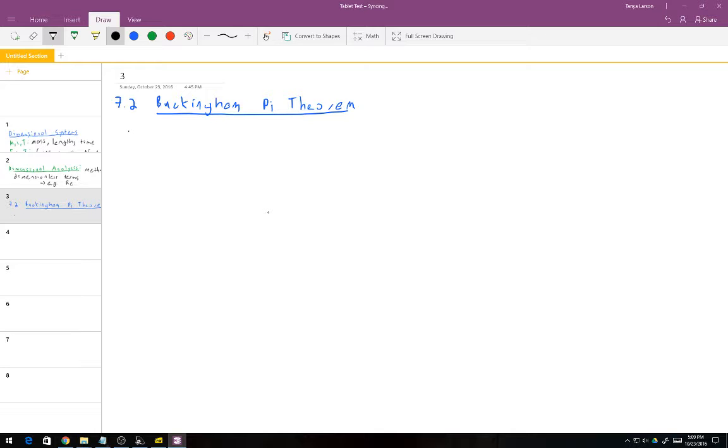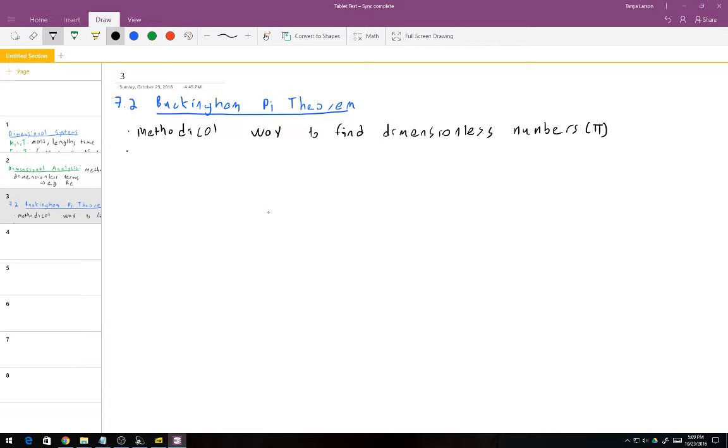So this is a very simple methodical way to find pi terms, or dimensionless numbers, which again we refer to as pi terms.